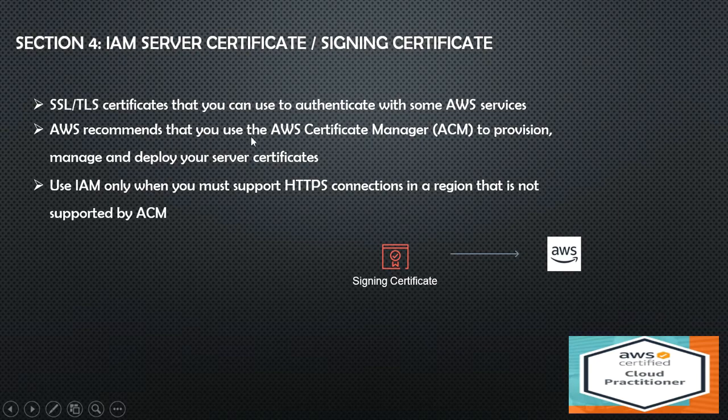AWS recommends that you use the AWS Certificate Manager, ACM, to provision, manage, and deploy your server certificates. But the problem is that not all services support ACM. So you can see in the next line, use IAM only when you must support an HTTPS connection in a region that is not supported by ACM. Okay, so let's move on to the next slide.